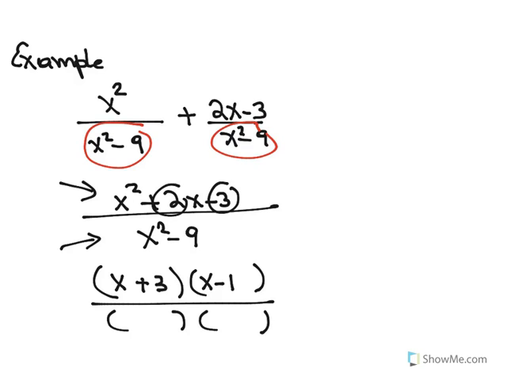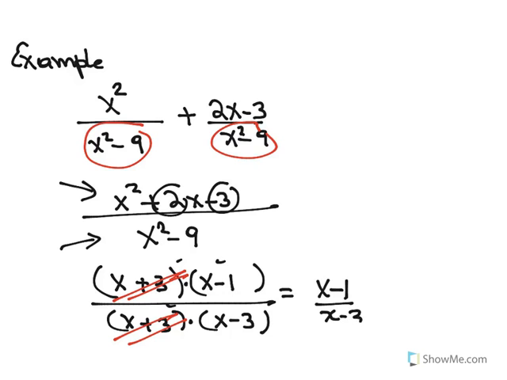That gives me the 2. Okay? X squared minus 9, I have x plus 3, x minus 3. And this is a multiplication, so these are factors. Do I have common factors? I definitely do. I'm going to cancel these two common factors, and the final answer is x minus 1 divided by x minus 3. That is the final answer.